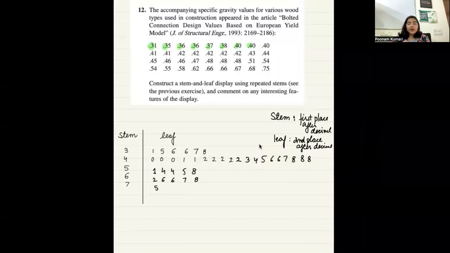The question also asked, do you see any interesting feature? Can you say anything special about this? What can we say? You see, the majority of the data is lying in this line only. Yes, ma'am.